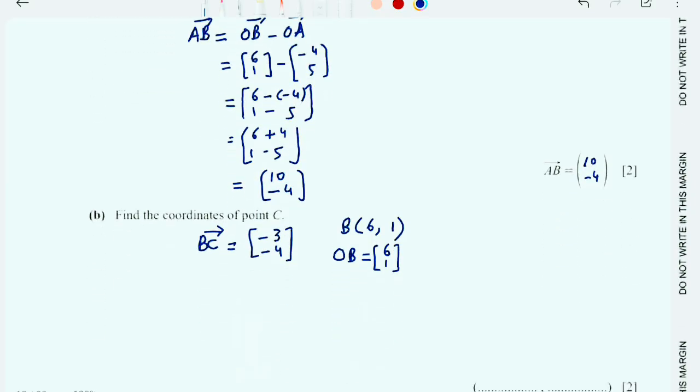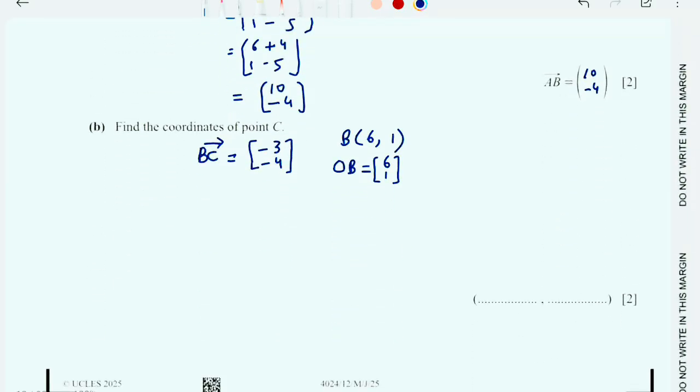Now with the help of position vectors again, we will be able to find the coordinates of C. So BC vector is equal to OC, the position vector of C, minus the position vector of B, that is OB. So (-3, -4), and we have to find the coordinates of C.